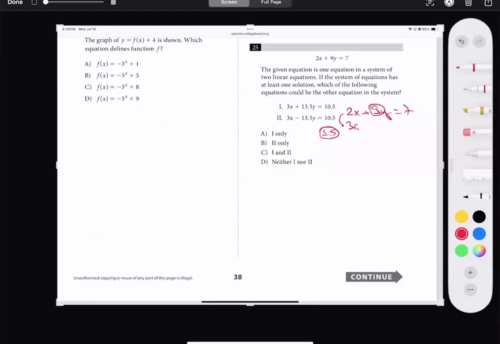Nope, sorry, that's not right. 13.5. Yeah, 13.5. Do you agree? And 7 times 1.5 is 10.5, right? So this is valid because you have at least one point coincident with this. In fact, you have infinite. Right. Okay.